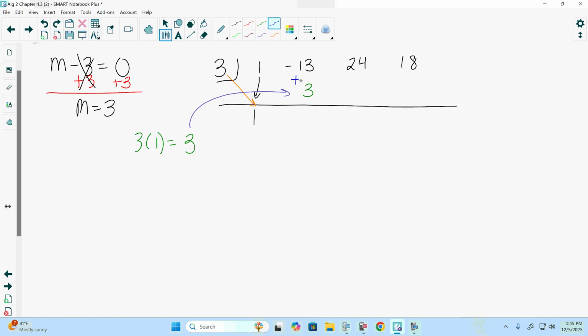Then our next step is we're going to add straight down. So we're going to take negative 13 and add 3 to it. And negative 13 plus 3 is negative 10.